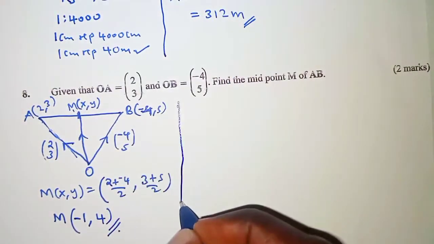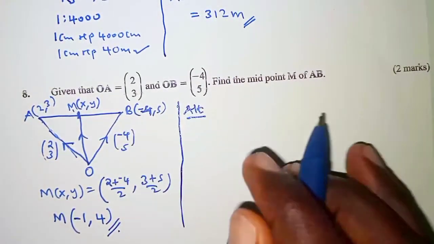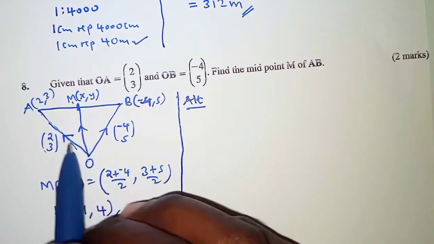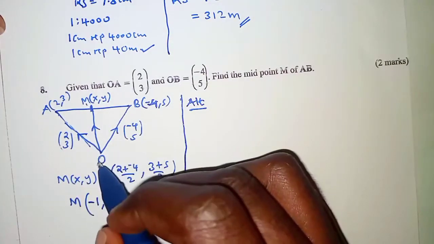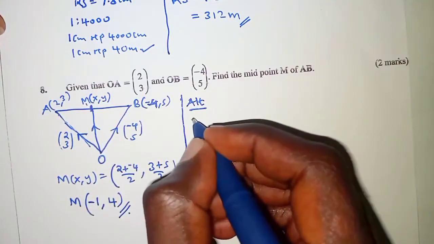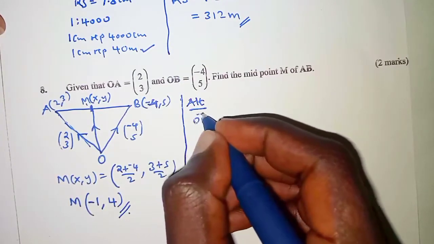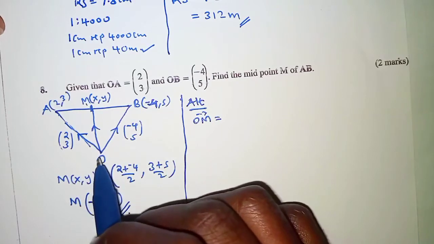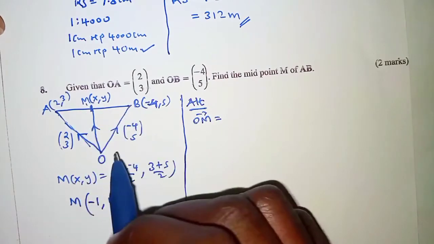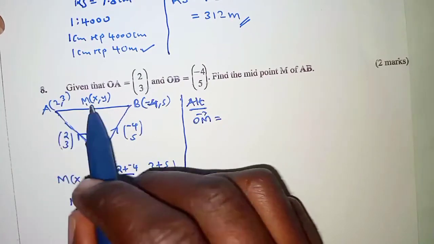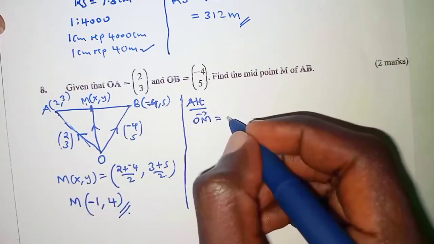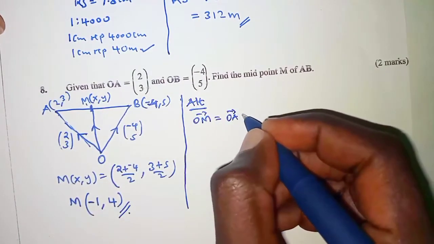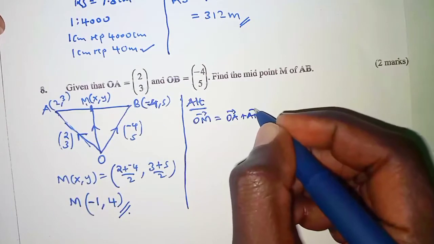Alternatively, we may use the vector approach so that we get the position vector of M, that is OM. So we can take either of the paths, OB plus BM or OA plus AM. So I prefer OA plus AM.